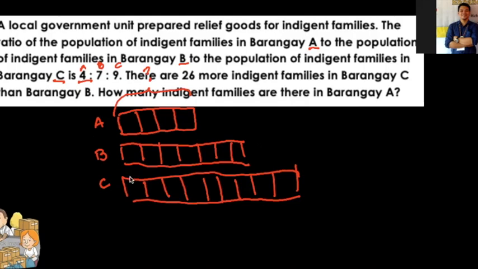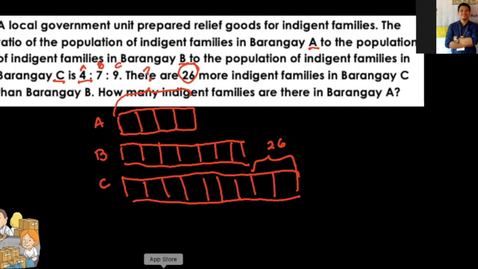Okay. So we are asked to find how many do we have for Barangay A. But we know that there are 26 more indigent families in Barangay C than in Barangay B. So there is no total given here, but we know because Barangay B and C have a comparison wherein Barangay C has more indigent families and that is 26, which means this extra 2 units here is equal now to 26.